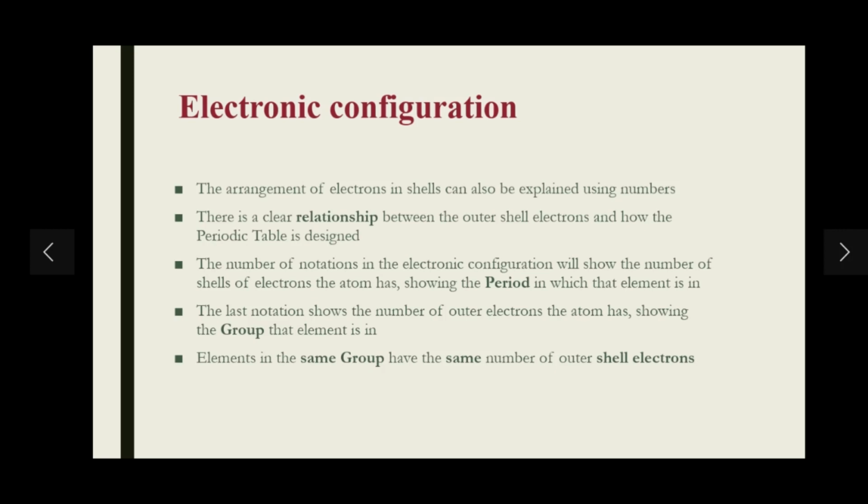If you look at your periodic table, you will notice at the top of the periodic table some numbers: 1, 2, 3, 13, 14, 15. Those are the groups, and on the sides we have periods. They are also represented by numbers. The number of notations in the electronic configuration will show the number of shells of electrons the atom has, showing the period in which that element is.